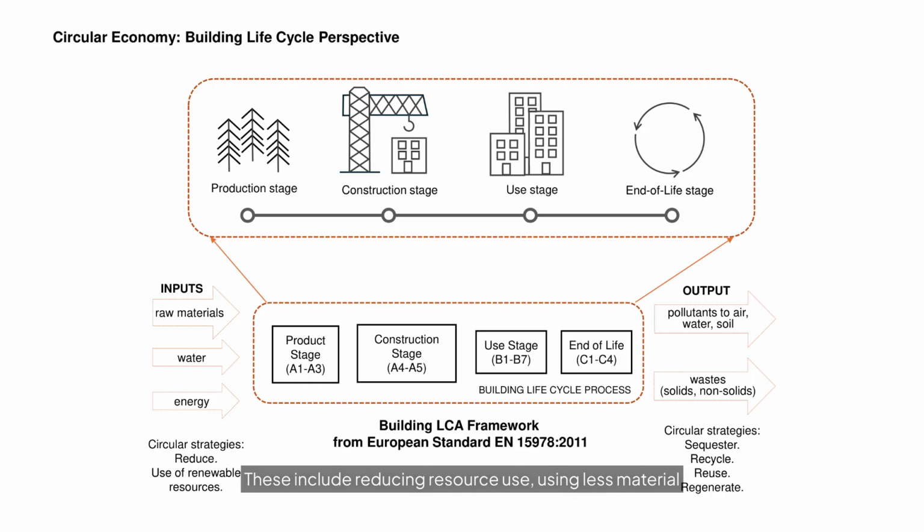These include reducing resource use, using less material or designing efficiently to create less waste, and choosing renewable resources when possible. Another strategy is to sequester pollutants, capturing carbon or other emissions so they are not released into the environment. Then we have recycling, processing waste materials into new materials and reusing components again instead of throwing them away.